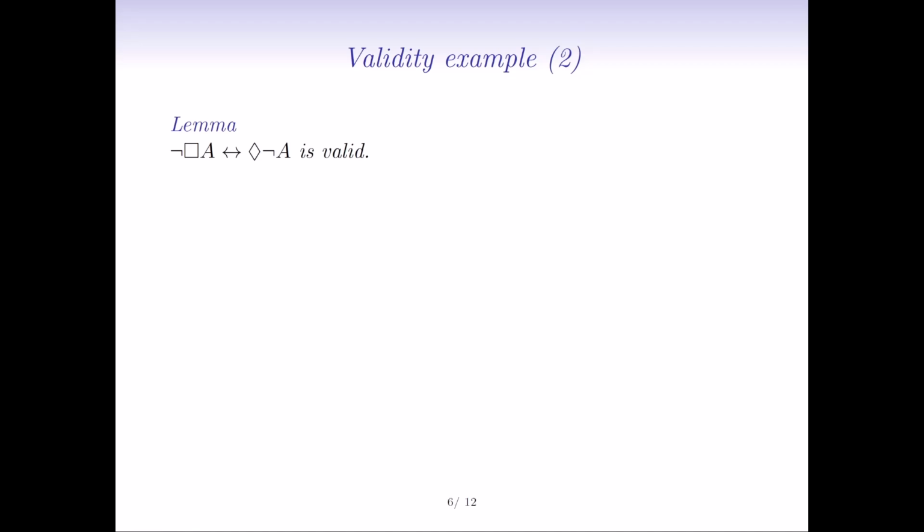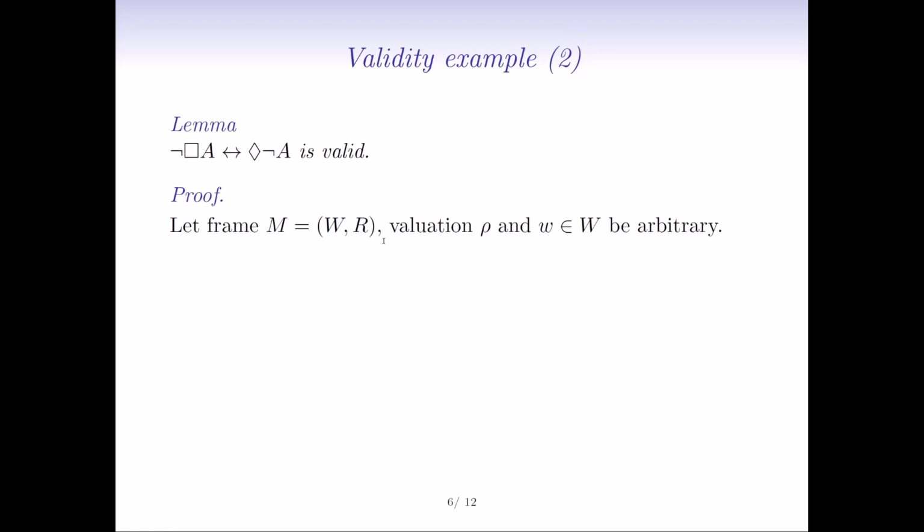If you say that it's not the case that A is true at all accessible worlds from the current one, then it must be the case that some accessible world does not satisfy A. And certainly, if it's possible to get to a world in one step where A is not true, then it can't be true either that A is true at all worlds accessible from the current one. And indeed, the argument is going to be very like this.